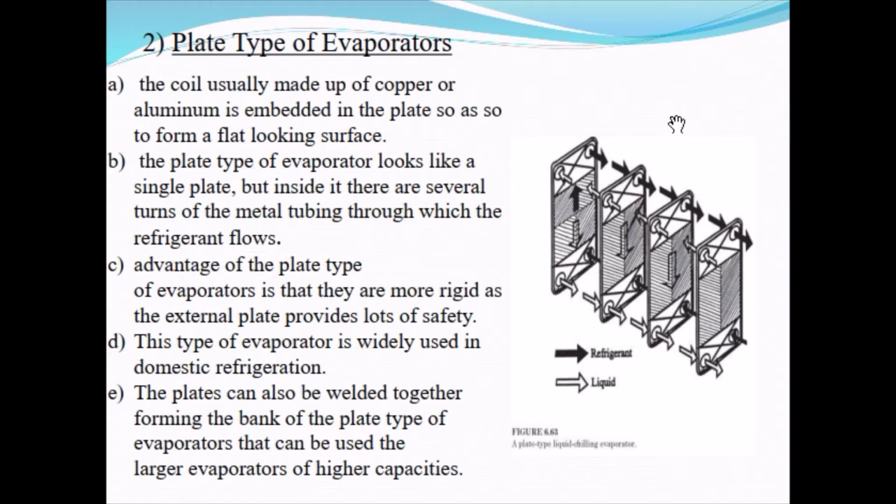An advantage of the plate type of evaporator is that it is more rigid, as the external plate provides lots of safety. This type of evaporator is widely used in domestic refrigeration. The plates can also be welded together, forming a bank of plates, so the evaporator can be used as a larger evaporator of higher capacity.